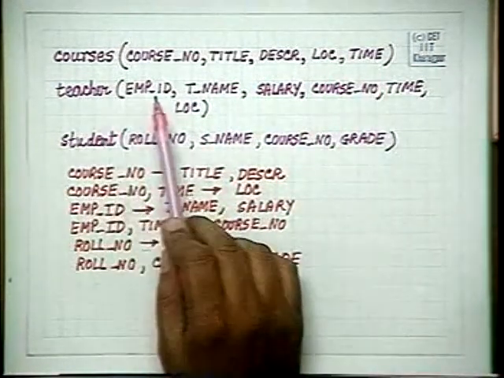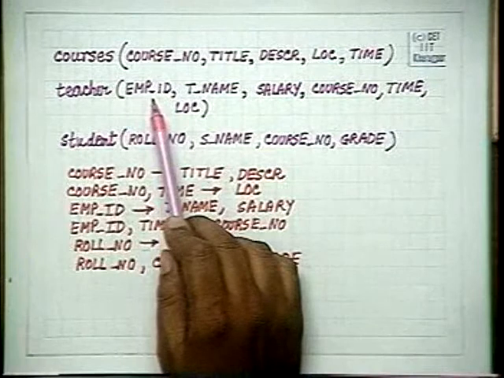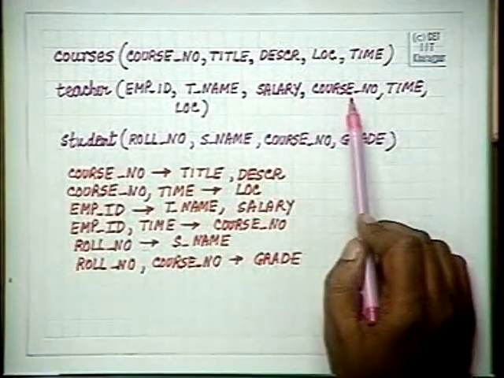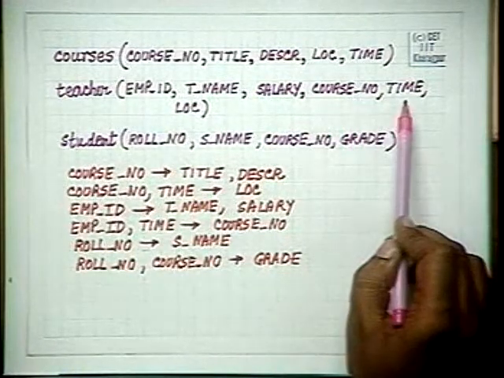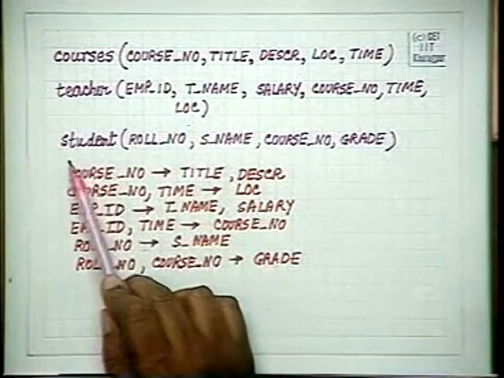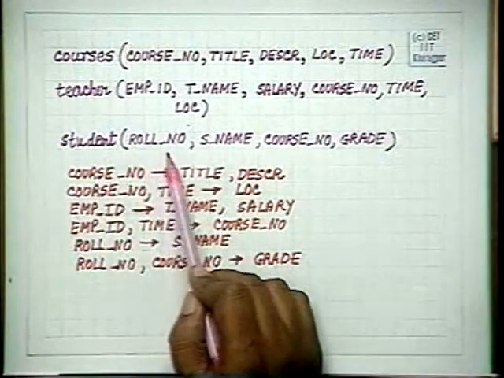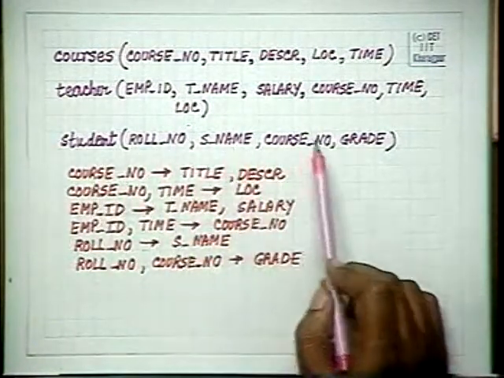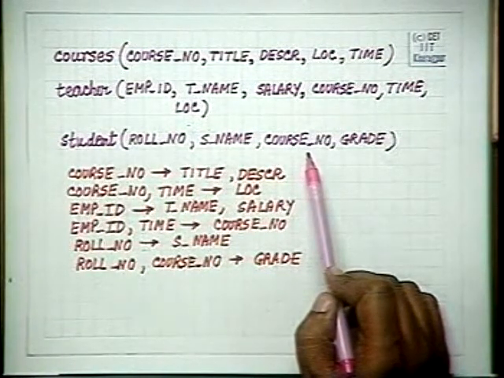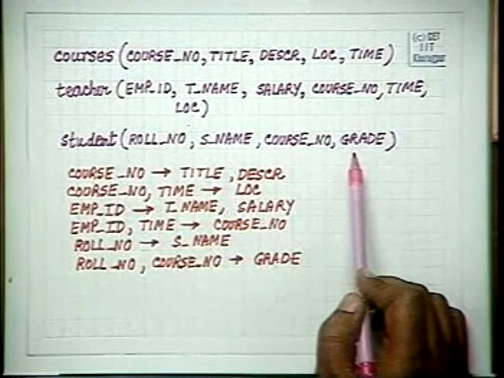We have teachers who are employees with employee identification, teacher name, salary, the course number the teacher takes, the time at which the teacher takes the course, and the location where the course is taken. And for students, we have the roll number, the name of the student, the course number in which the student has enrolled, and the grade which the student got in that course.